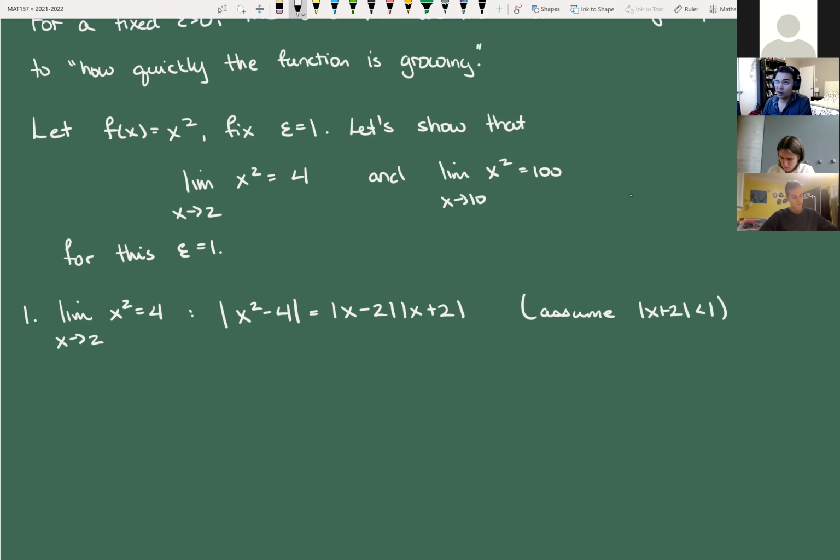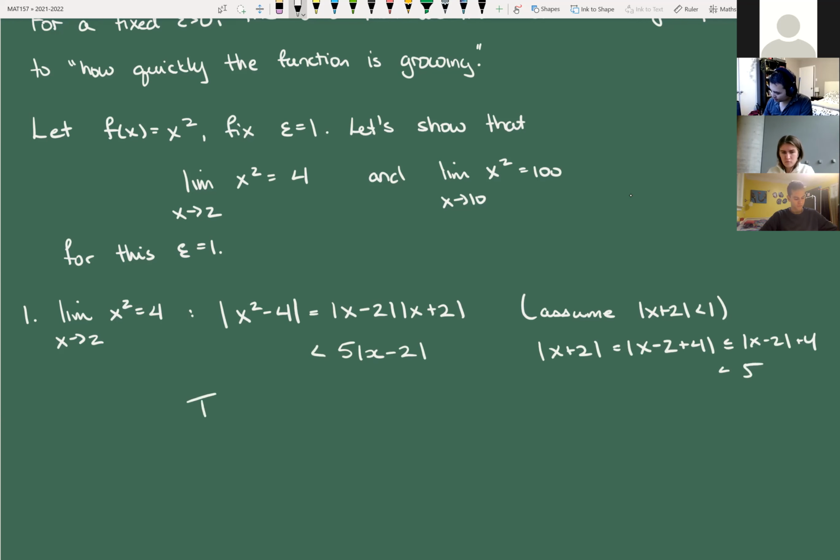So what does that do? Then x plus 2 is less than or equal to 5, right? Let me just double check that. x plus 2 is x minus 2 plus 4, like that, which is less than 5, right? Okay, perfect. I guess I could put a strict less than here.